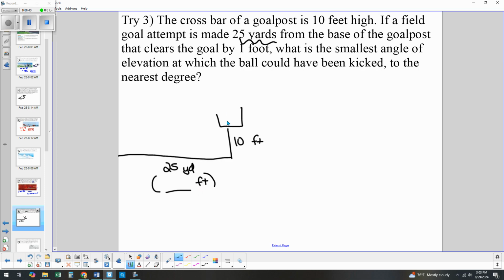And it clears the goal by 1 foot. So we're making it over the goal by 1 foot. What is the smallest angle of elevation, to the nearest whole number degree, that we could hit this at so that it clears the goal by that 1 foot? Pause. Answers are posted online.